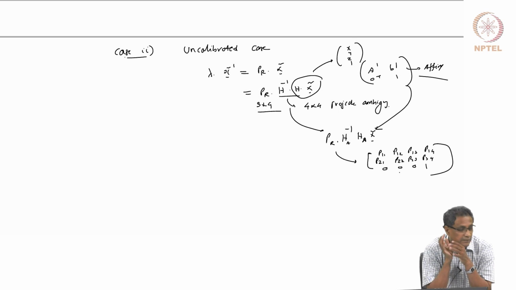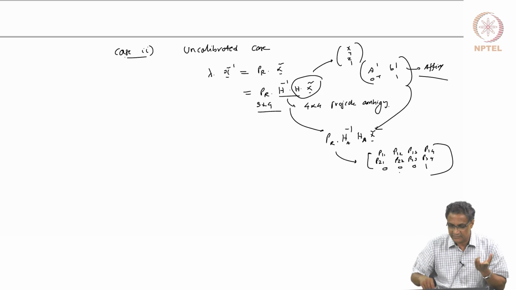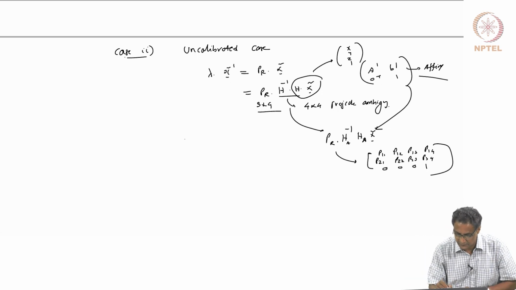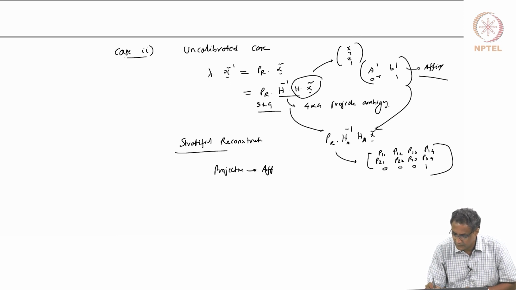We are not talking about affine models and all. There are various camera models, and this ambiguity depends upon that. That's why when you say stratified reconstruction, what it means is: give me additional information and I'll go from projective to affine to similarity.